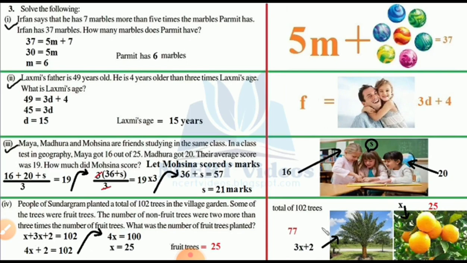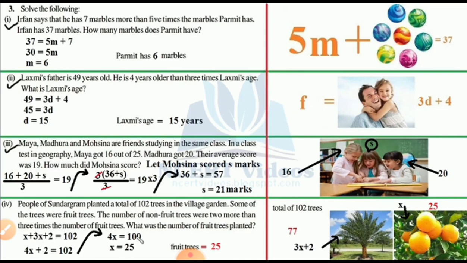So now you have the equation. Simplify the equation. In an easy way, 3 plus 1 is 4. 4x plus 2 is equal to 102. The 2 will move to the right side. Plus 2 will become minus 2. So now on the left side only 4x remains. On the right side, 102 minus 2 gives us 100.